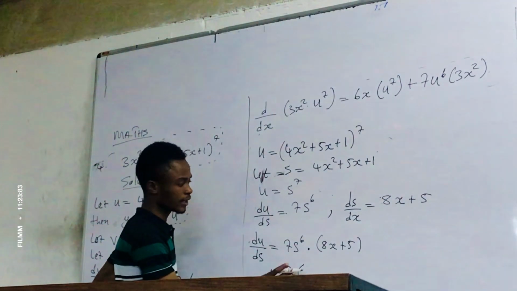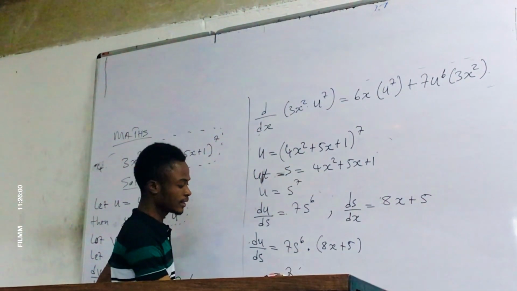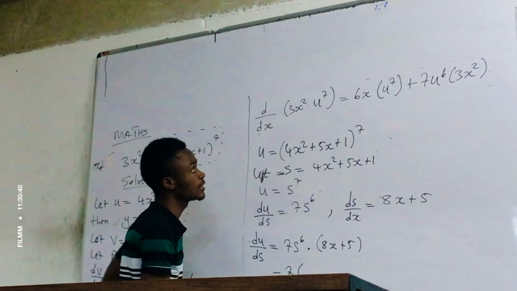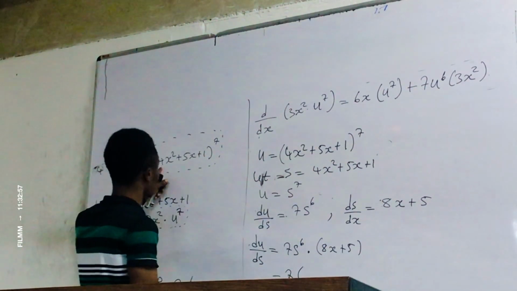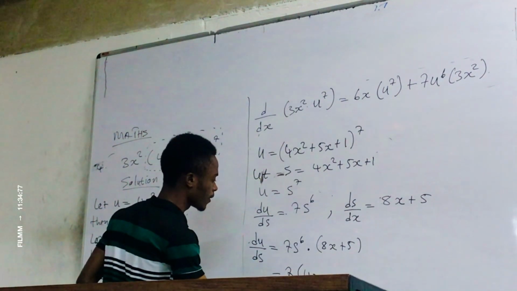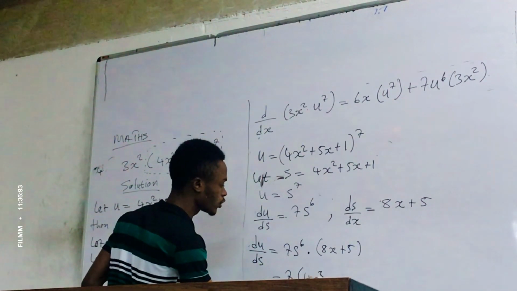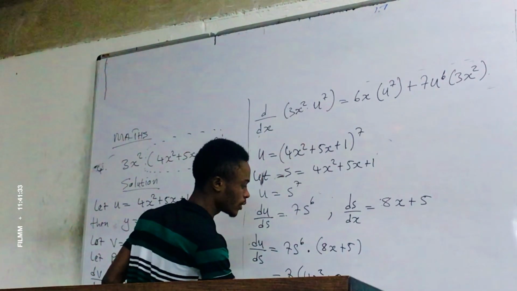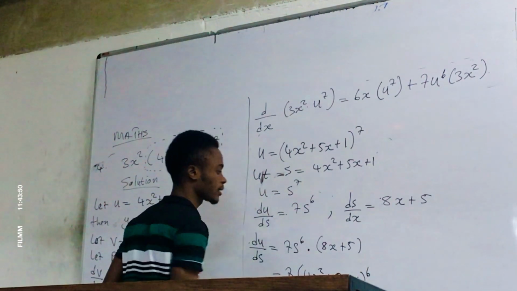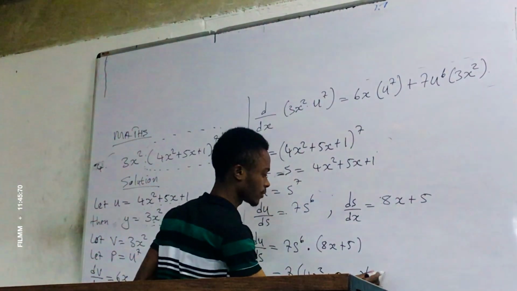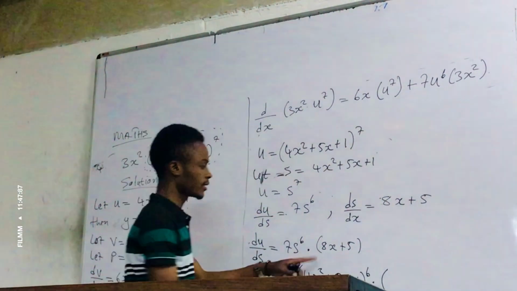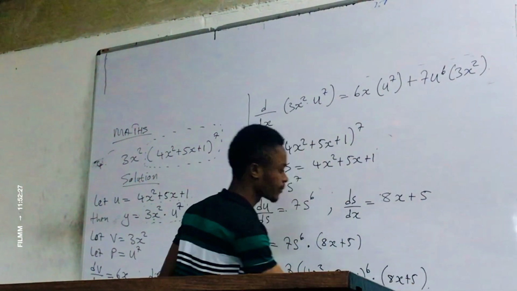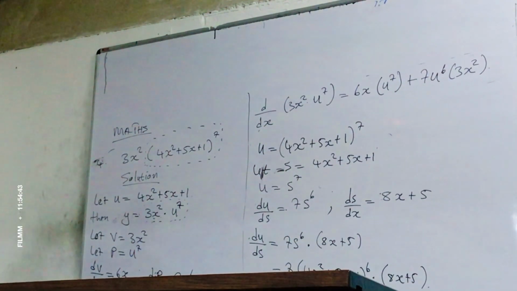So here we have 7s, where s we know is 4x squared plus 5x plus 1, to the power 6. Then dot, what did we find? Here it is 8x plus 5. Okay.